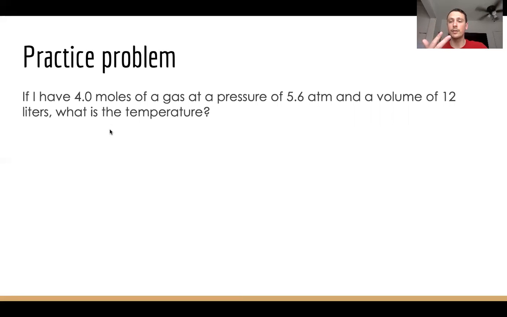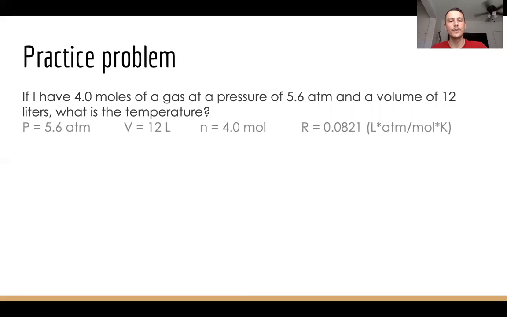So we have 3 out of the 4 variables, so we can solve for temperature, the last one, using the ideal gas law. So our pressure is 5.6 atmospheres, our volume is 12 liters, number of moles, which again we represent with N, is 4.0 moles, and since we are using atmospheres as our pressure unit, we would use 0.0821 as our gas constant here. T, or temperature, is going to be our variable that we are solving for.